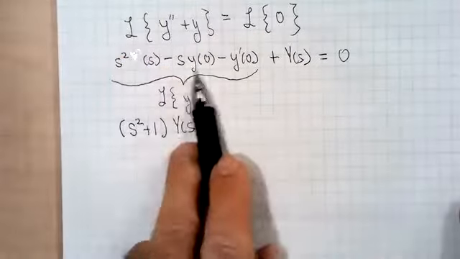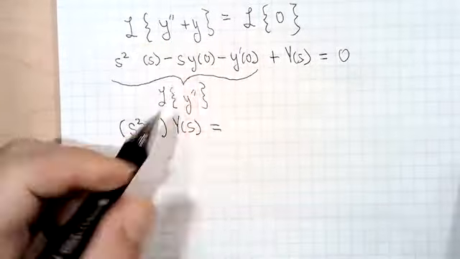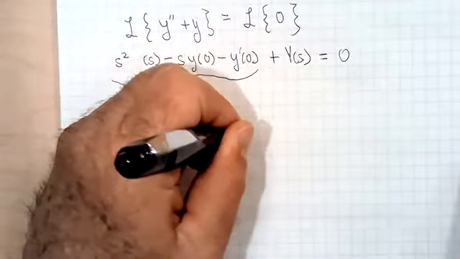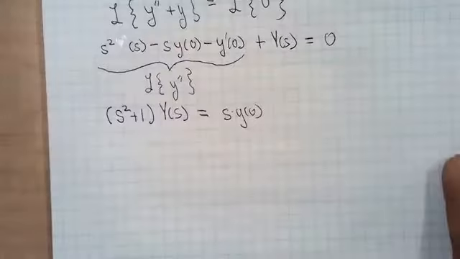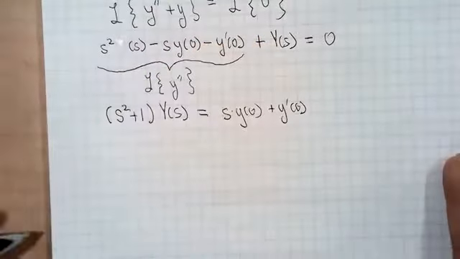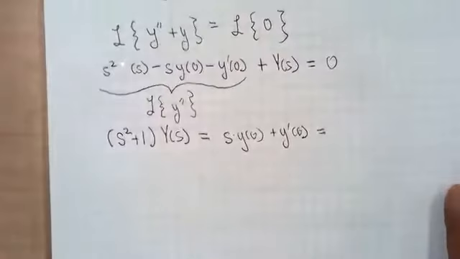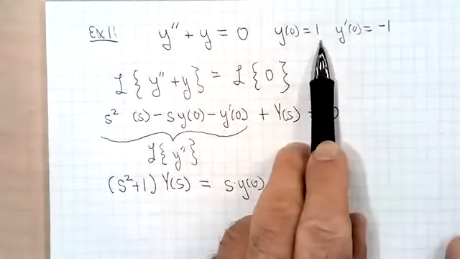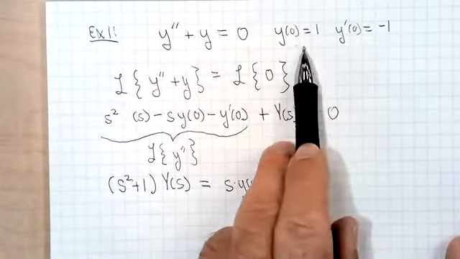And then I have these other terms, which I'll just push over to the other side of the equation. So plus s y at 0 plus y prime at 0. But of course, I know what those are. y at 0 is 1, and y prime at 0 is minus 1. Those are the initial conditions.